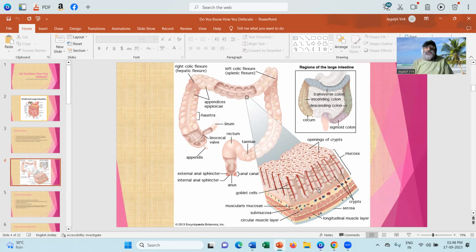Here I would like to tell you about the muscles. These two layers of muscle, the inside is the circular muscles, and outside is the longitudinal muscles, which help in defecation. When these muscles contract and relax, they help in defecation.